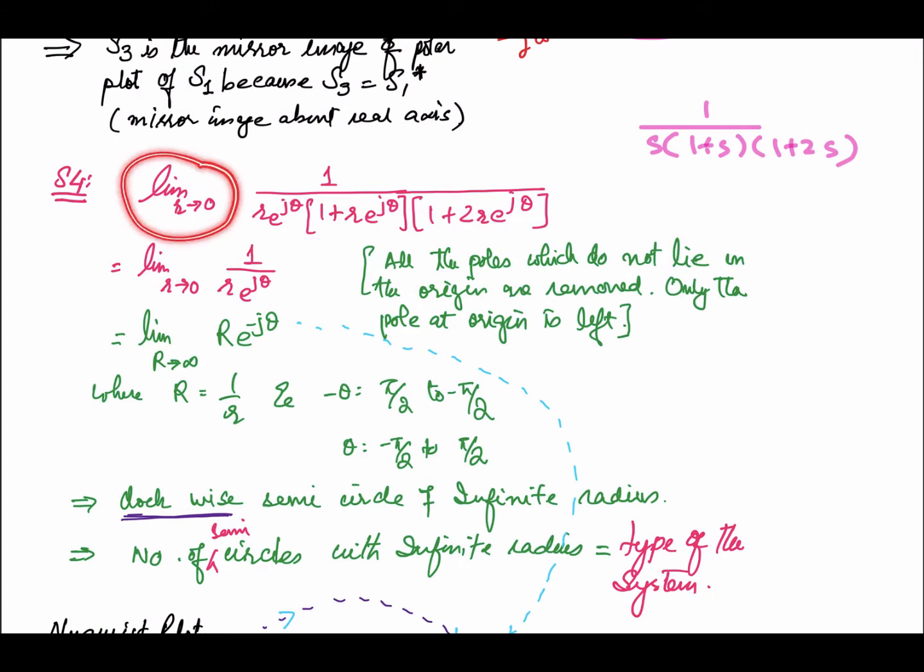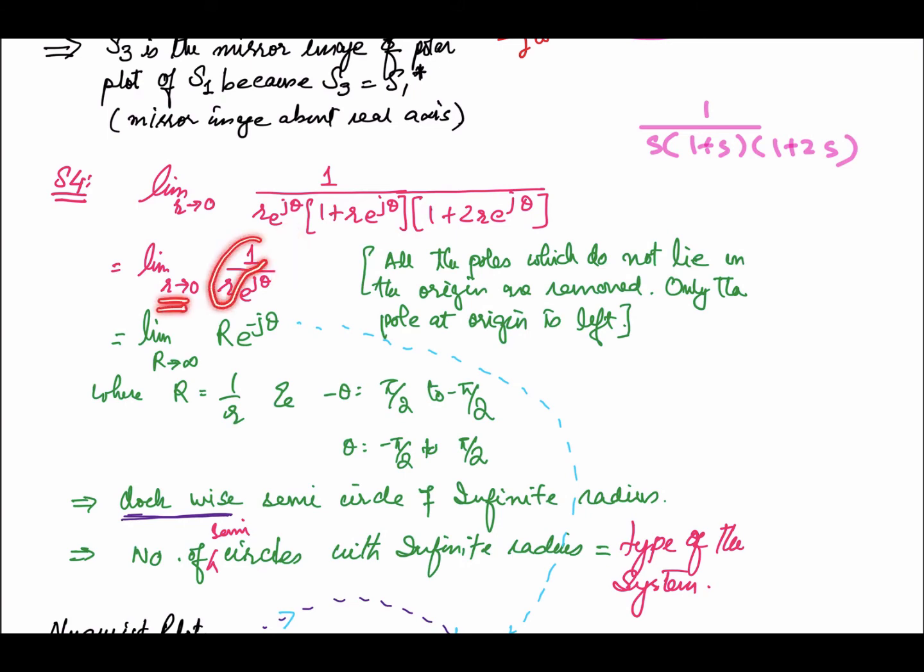This is a very small circle, so if you apply this limit, finally we can write it as 1 by r e raised to the power j theta. If r is approaching 0, the other terms become nearly 1 and 1, so it is 1 by r into e raised to the power j theta, where r is approaching 0.